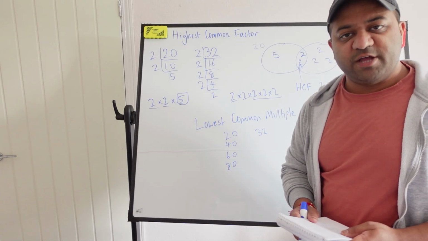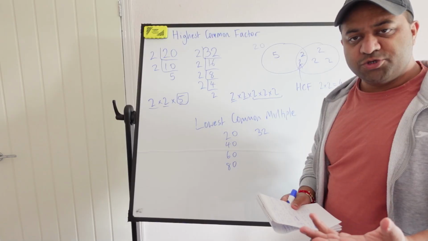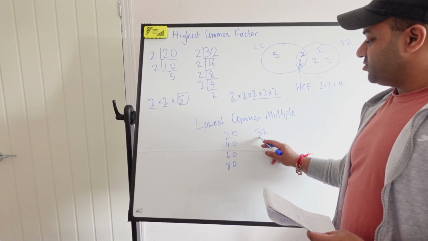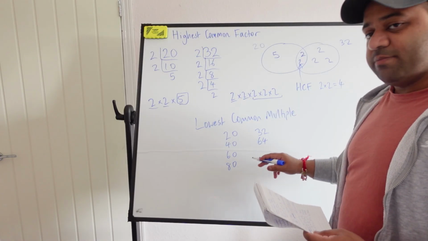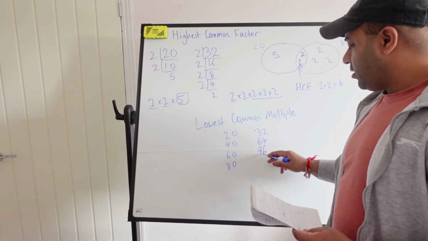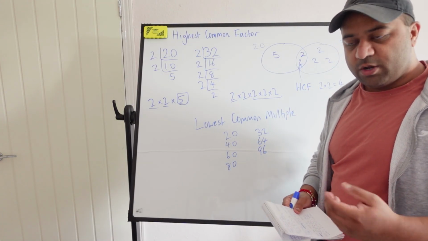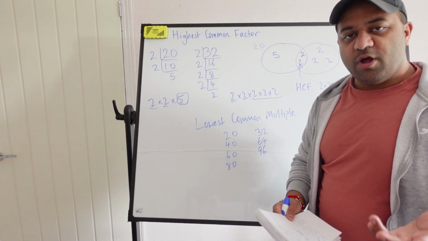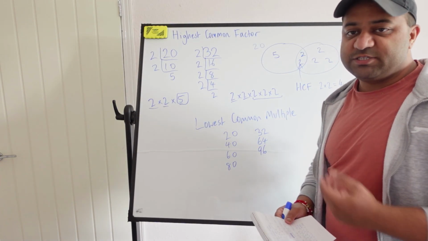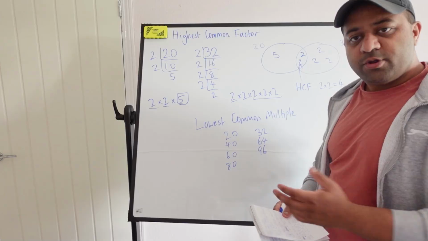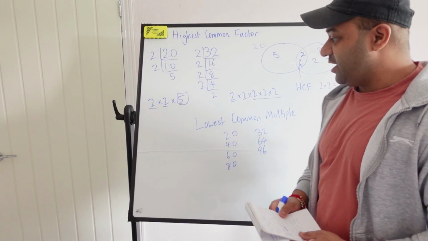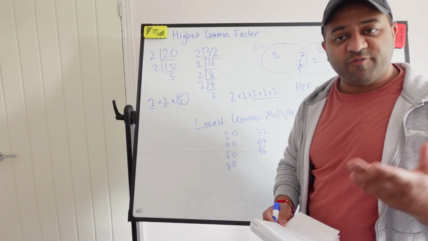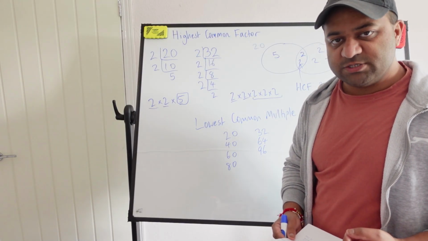The multiples of 32 would be 32 times 1, 32 times 2, 64, 32 times 3, 96, and so on. So we're looking for a number that is in both of these lists. So you could just keep extending these lists until we come across the lowest or the first number in both of those lists.